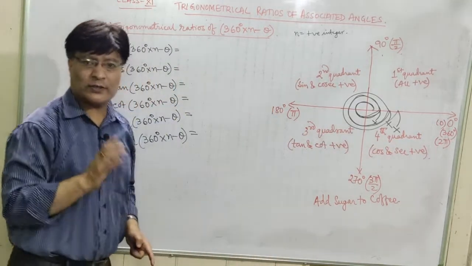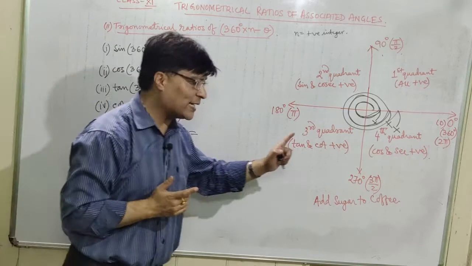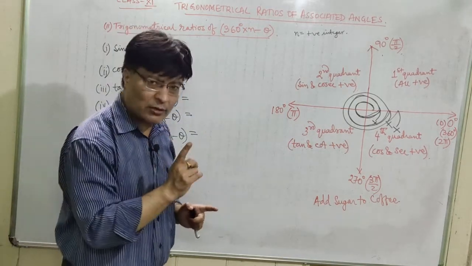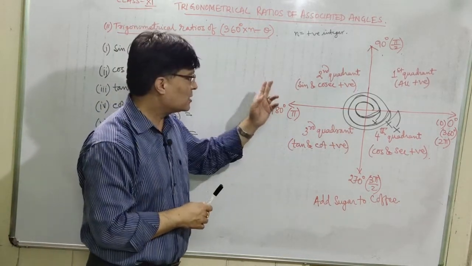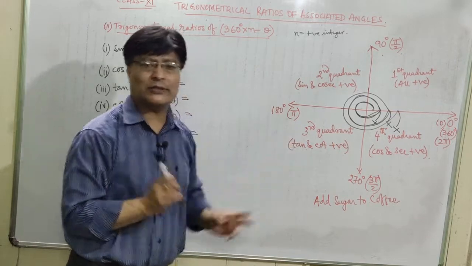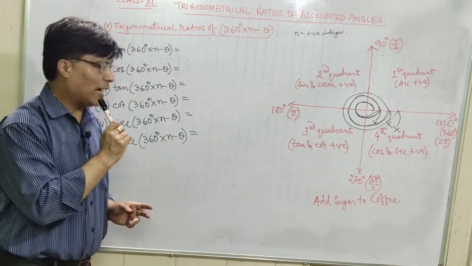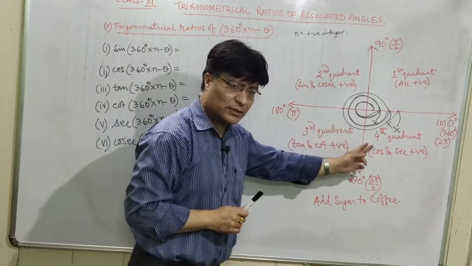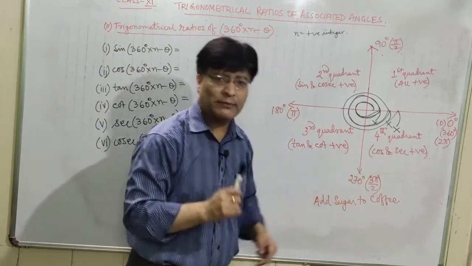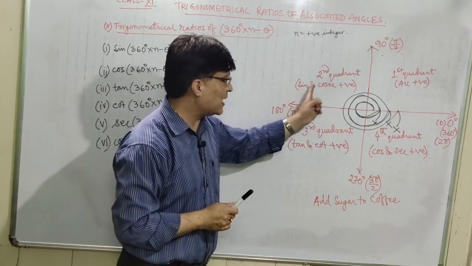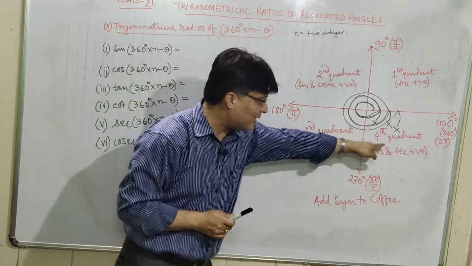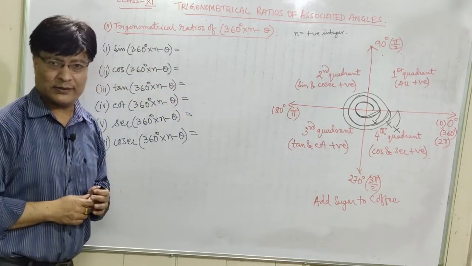And in the fourth quadrant, you know that only cos and sec are positive, but all other trigonometrical ratios like sine, cosec, tan, cot are negative. Okay?